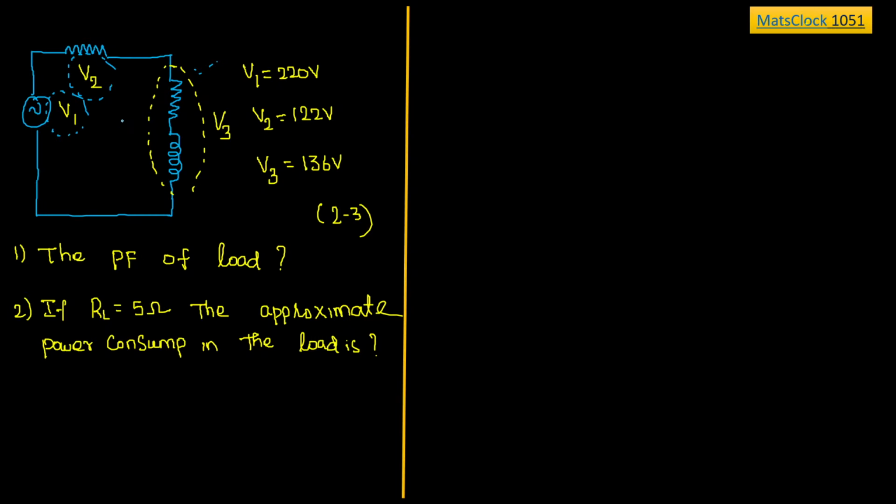Now, how do we bring the relation between these three? Basically, in AC circuits, if you are unable to find the internal drops or internal parameters directly, there are two ways. Either you can directly analyze the question with the given data.